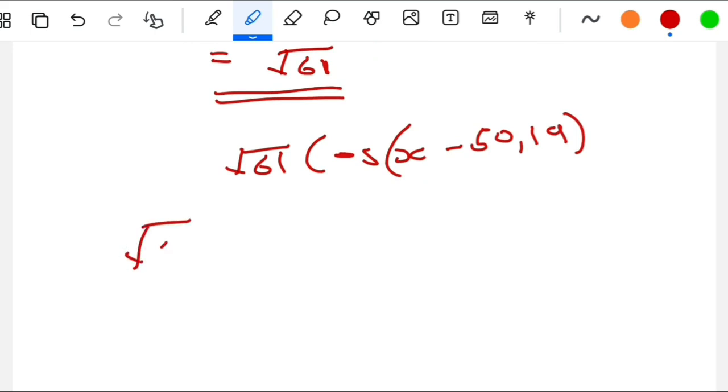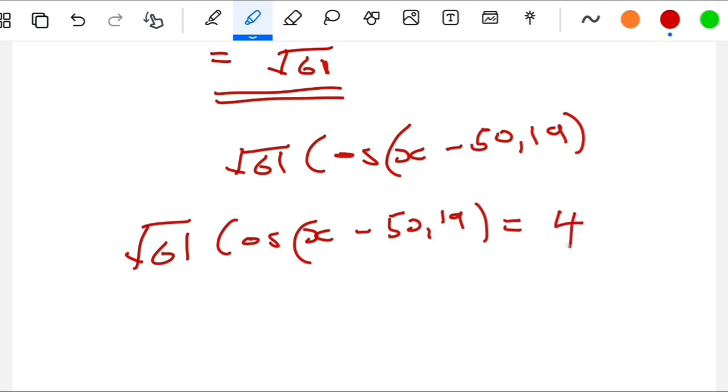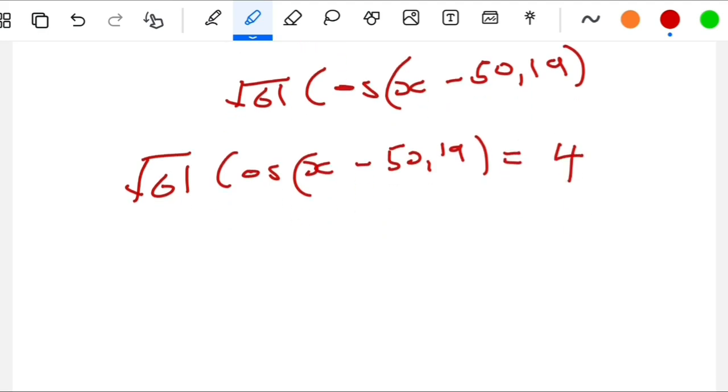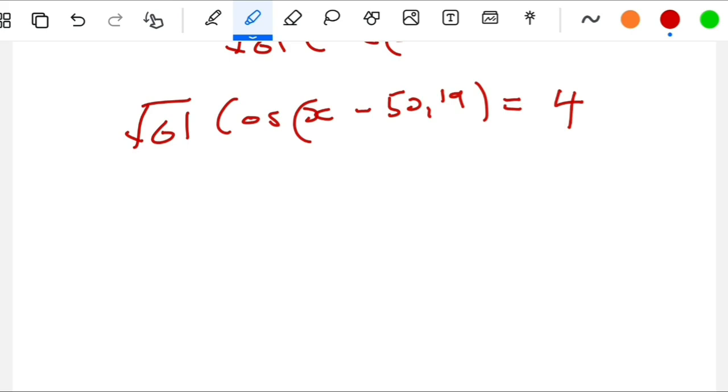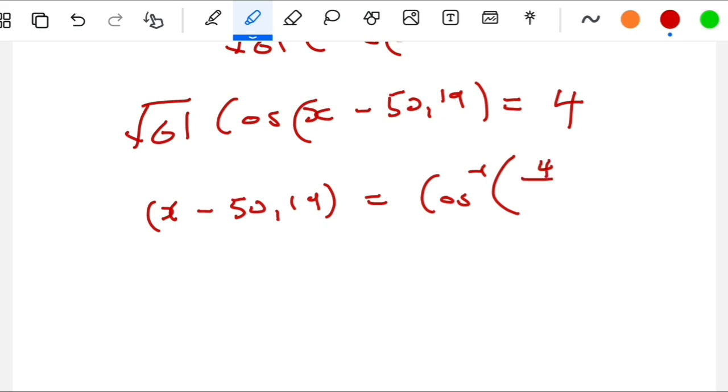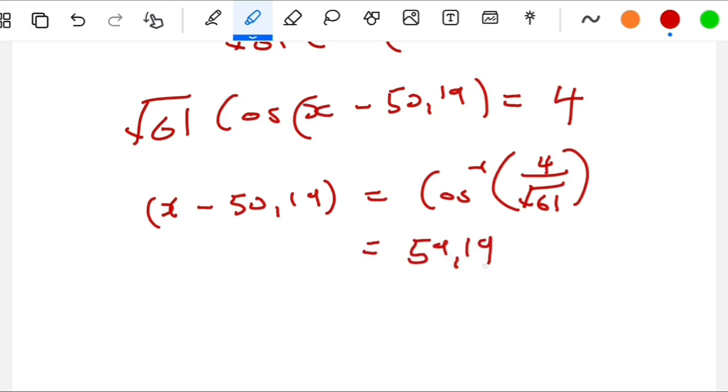So you've got root of 61 cos(x minus 50.19) equals what? Equals 4. Okay, so let's solve that one. We are going to say our x minus 50.19 equals cos inverse of 4 over root of 61, which is going to give us what? 59.19.